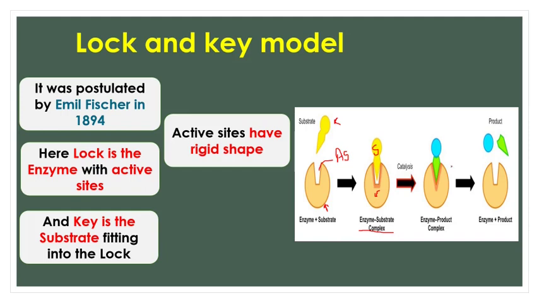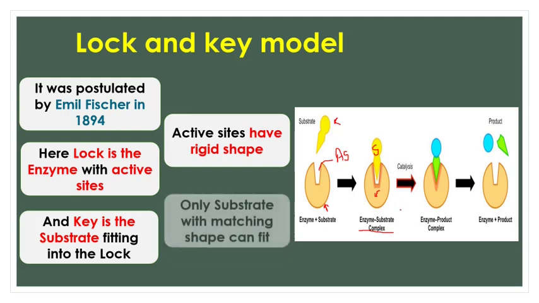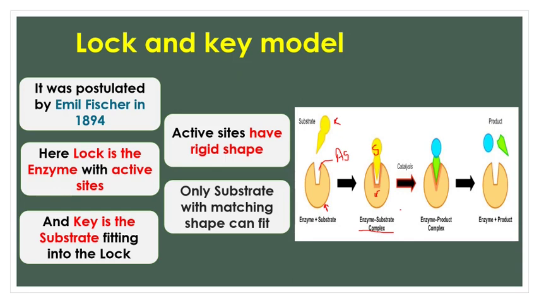Only a specific substrate can fit into the active sites of the enzyme to form the enzyme substrate complex. And only the matching substrate will fit properly and then be converted into products, as you can see in this picture.